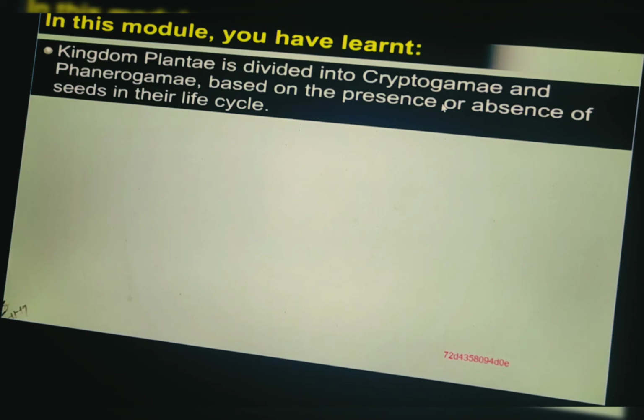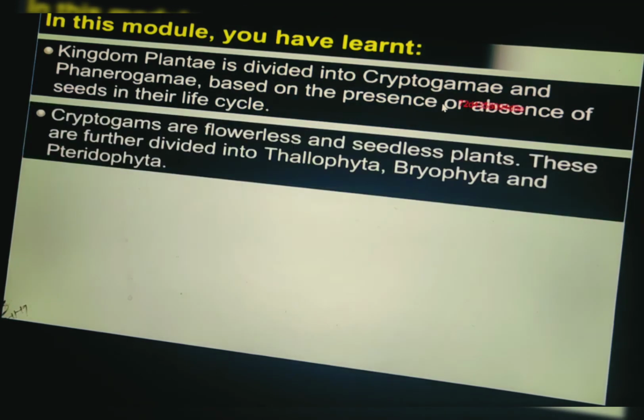In this module you have learnt Kingdom Plantae is divided into cryptogamy and phanerogamy based on the presence or absence of seeds in their life cycle. Cryptogams are flowerless and seedless plants. These are further divided into Thallophyta, Bryophyta, and Pteridophyta.